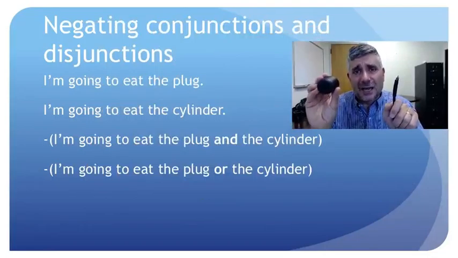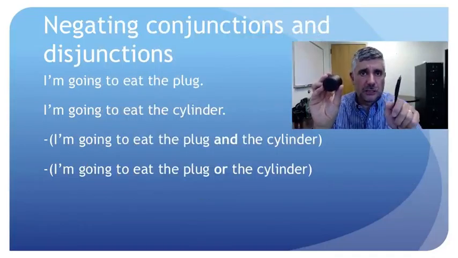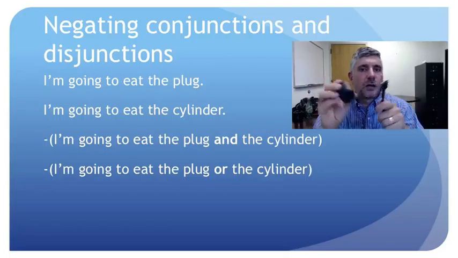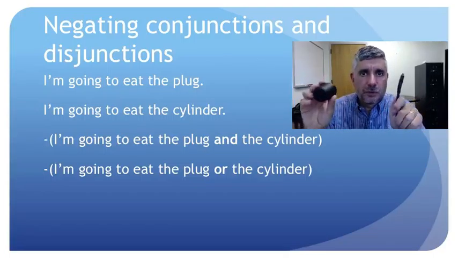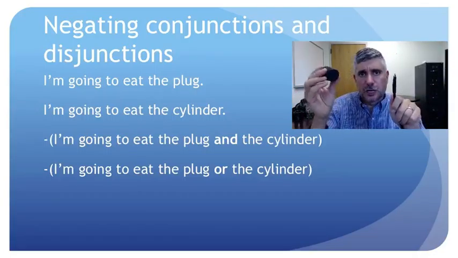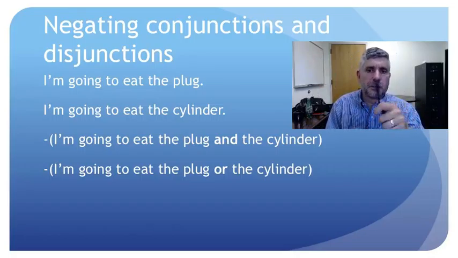Now if I negate that, if I say it's not the case that for lunch I'm either going to eat this or this, then I'm saying something that rules out that I'm going to eat either of them for lunch. It's not just that I'm not going to eat both of them. I'm not going to eat either of them, right? My lunch is not going to involve this, and it's also not going to involve this.